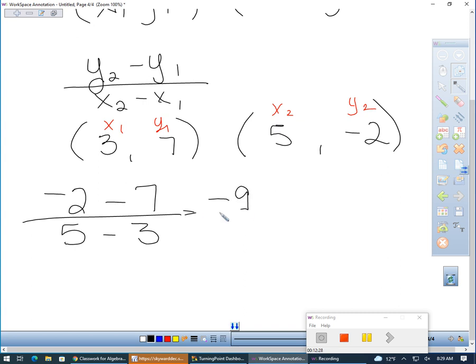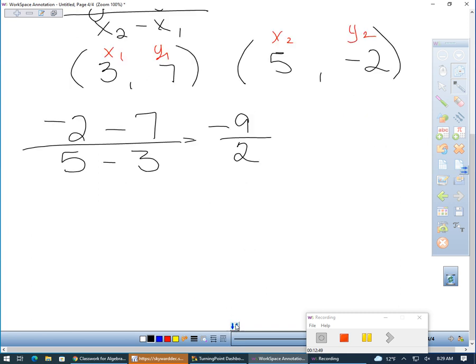Negative 9. Over, whoops. We have negative 9 over 5 minus 3, 2. All right. Okay, so all of these are going to follow putting it into this equation each and every time.